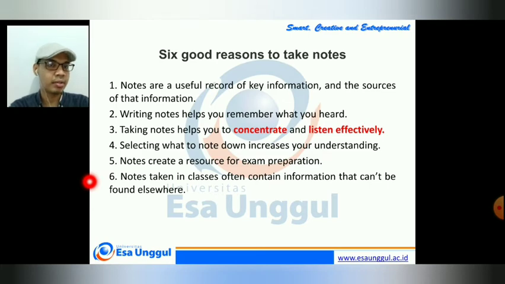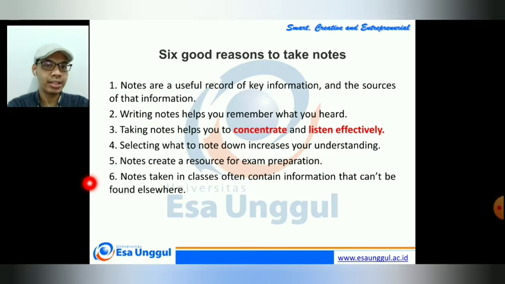Writing notes helps you to remember what you heard. And taking notes also helps you to concentrate and listen effectively. Well, sometimes they are inseparable. I mean, listening and note-taking in an academic setting are inseparable. Selecting what to note down increases your understanding.